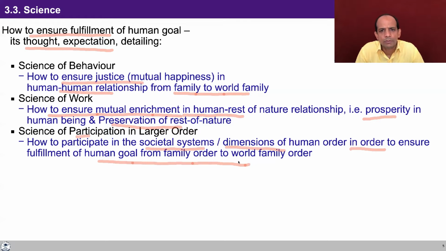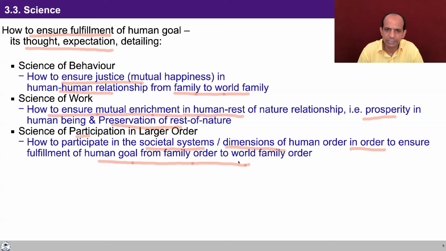So when I'm able to have this competence so that I can ensure orderliness in my family, I'm able to fulfill the needs of the family, I'm able to fulfill the relationship in my family, then that competence helps me to also fulfill the human goal, also fulfill the participation at every level of my living, in every dimension of society, going up to the world family order.